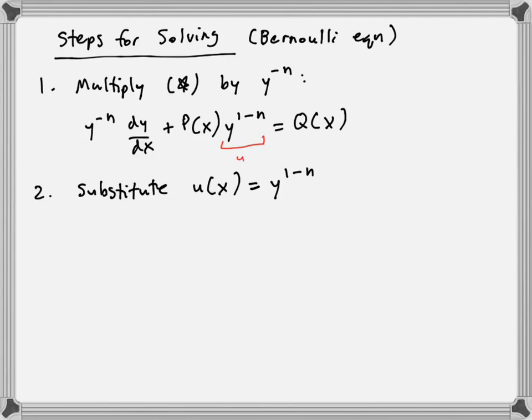Okay? But as always, we need to be careful because you still need the du dx. We don't have a du dx, we have a dy dx. So then what would du dx be? From here, this means that du dx is equal to 1 minus n y to the negative n.